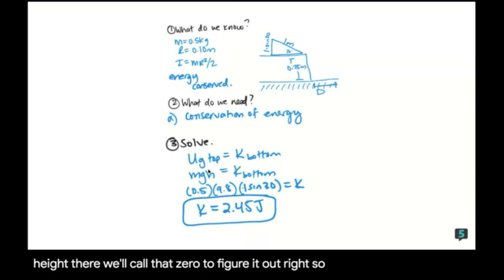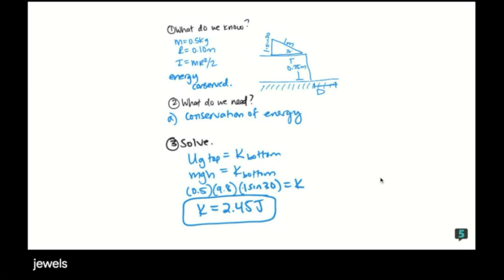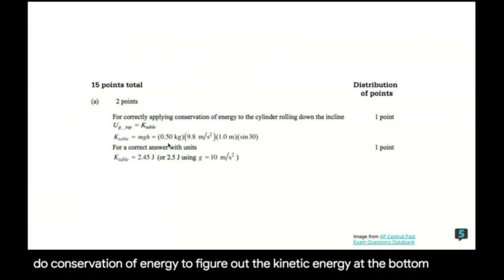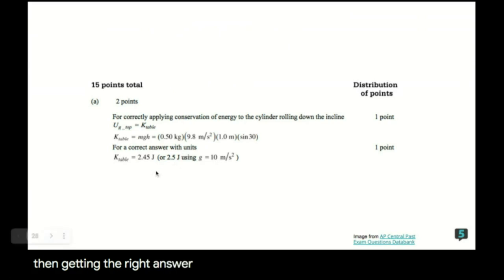So all we do is plug in our potential and kinetic energy equations, solve for kinetic energy, and get 2.45 joules. If we look here, you get 2 points right away for just being able to do that, right? So this is not even any rotation stuff yet, just being able to recognize that we need to do conservation of energy to figure out the kinetic energy at the bottom, and then getting the right answer and including those joules units.